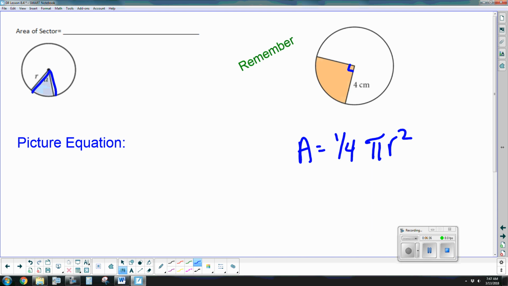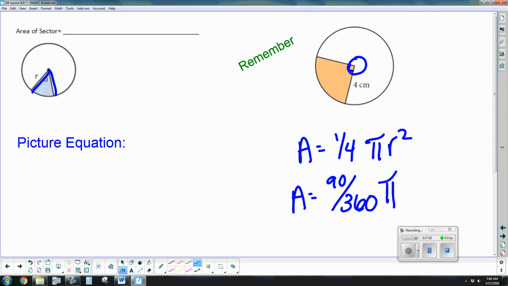Well, this angle was 90 degrees, and 90 degrees divided by 360 is 1/4 in simplified form. Because this whole measure would be 360 degrees, but we're only taking 1/4 of that, or 90 degrees out of those 360.